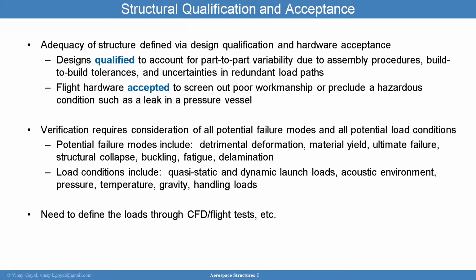The qualification test article helps me to ensure that every production article will be successful when it passes the acceptance test. The acceptance test is another test, but now this test is for every flight unit that you fly. And that test is looking for anything that could be out of the ordinary. For example, you can have a big flaw, so this particular test could screen that out.